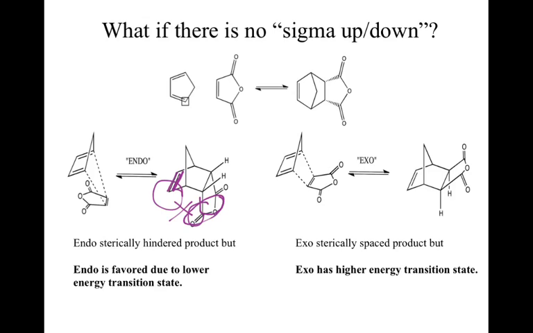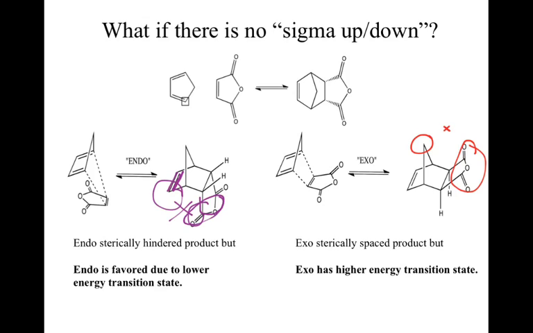If we look at the exo product, now when we look at our steric bulk, we're looking at a large group near a small 1-carbon bridge. So while there is some steric bulk there, it's relatively smaller than in our endo product, which means we should get a lower energy product for our exo. Okay? That would suggest the exo product wins out.